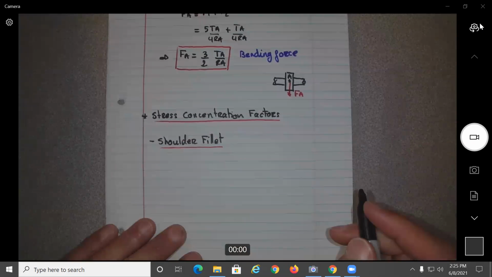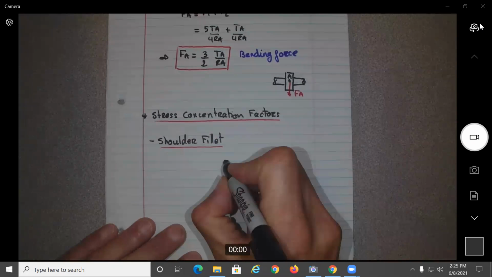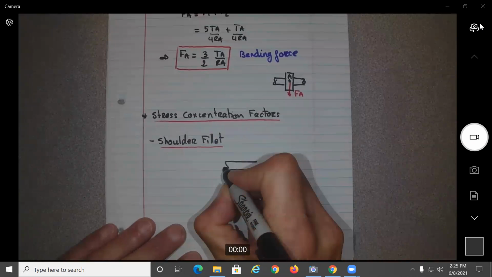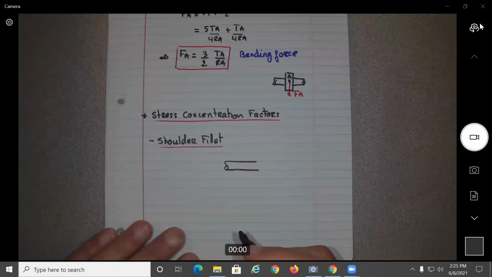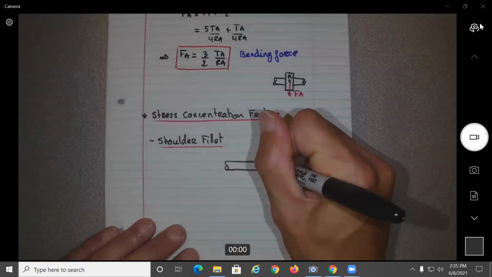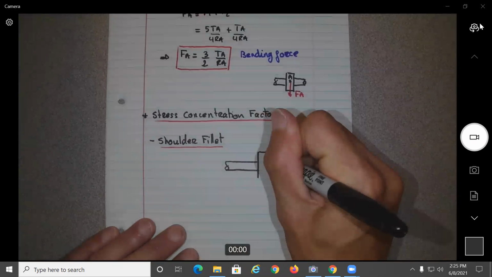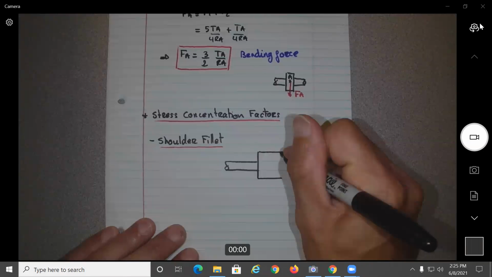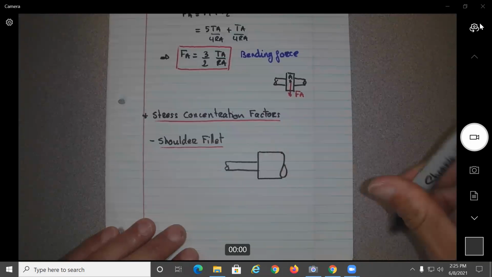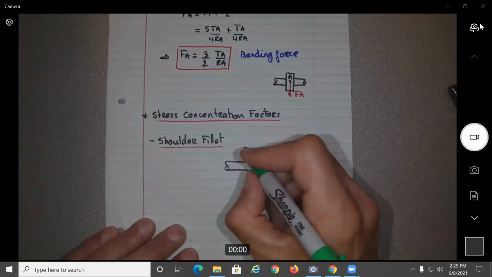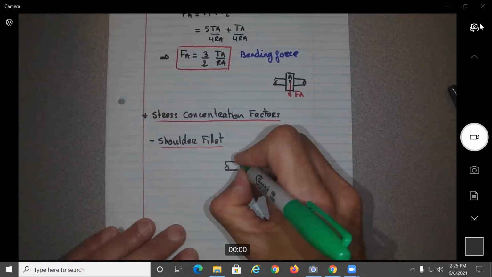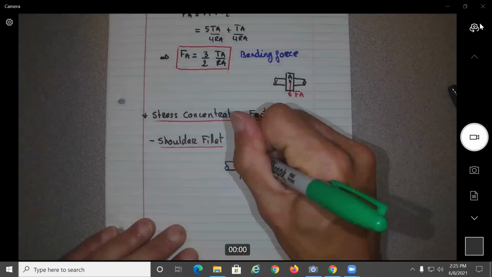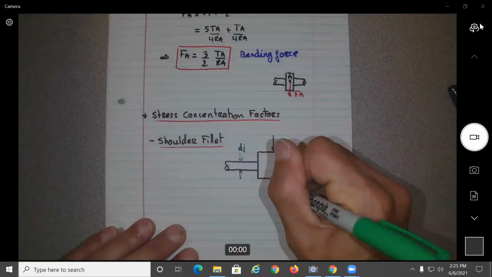So for example, if you have a shaft over here, and let's say your shaft is connected to another shaft of different dimensions. Let's say this one has a diameter D1, but the diameter is not important, and this would be D2.